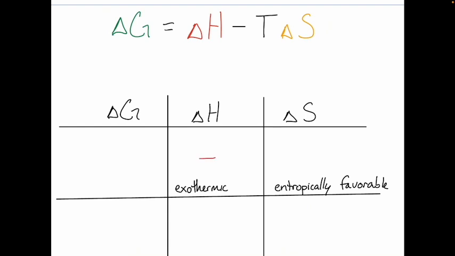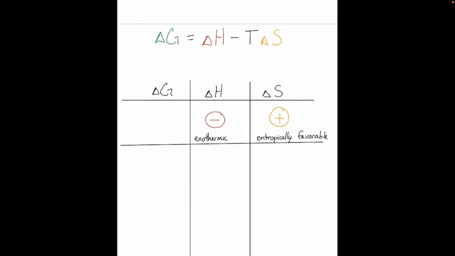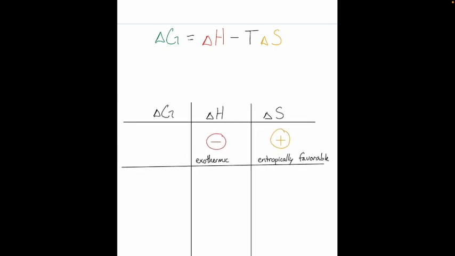So for an exothermic reaction, we have a negative delta H. And a reaction that is entropically favorable is a positive delta S. So if we look at our equation here and we just think, what's going to happen if I plug in a negative value for delta H, and then I take a positive value for delta S, but then I multiply it by negative T, right?